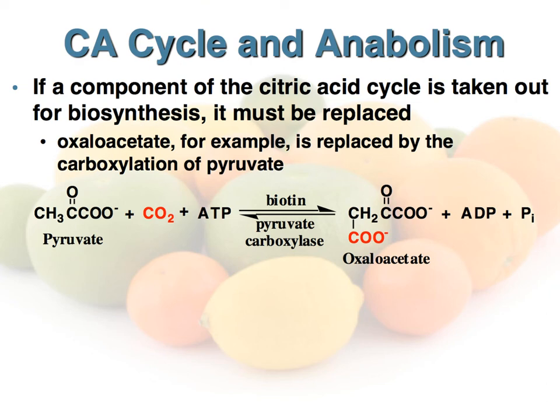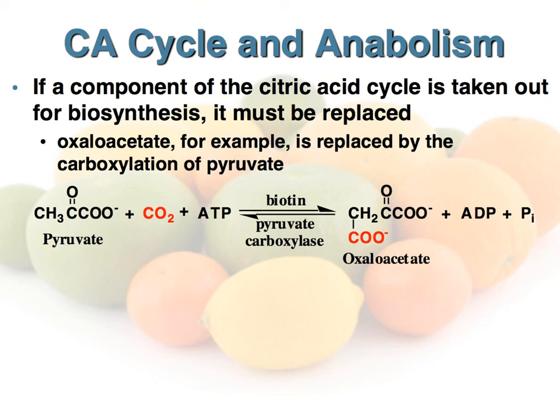There are a lot of medical conditions associated with this. Sometimes they're called shunts, ways to get around parts of it, because if you take something out of the citric acid cycle, you've got to be able to replace it. As we've already seen, there are multiple ways to feed back into it, and this is just one of the ways.